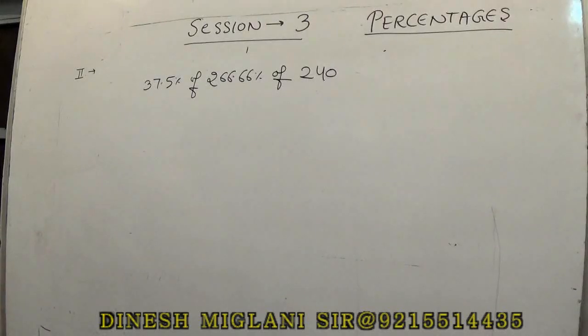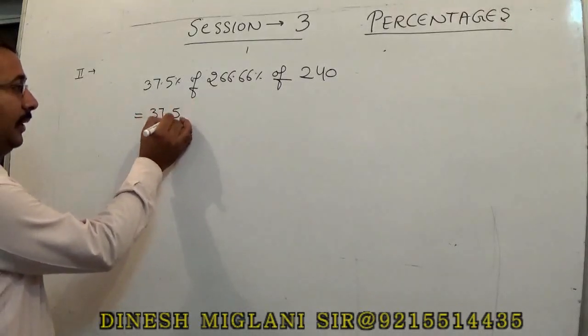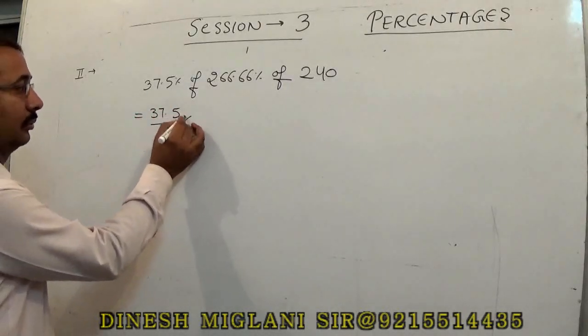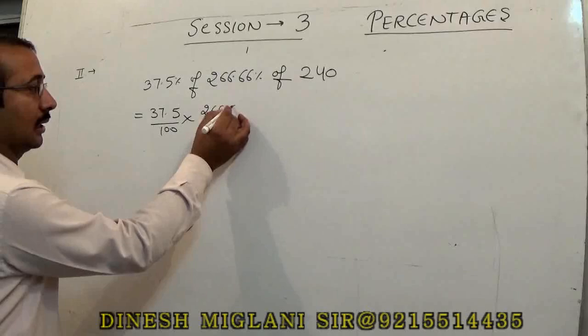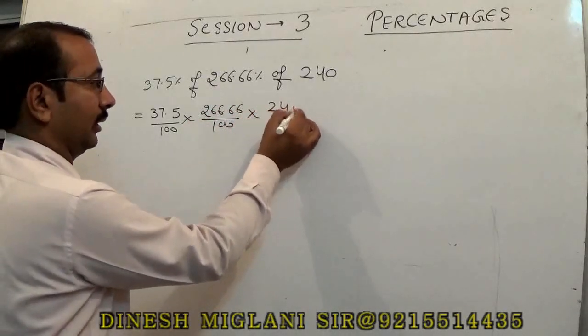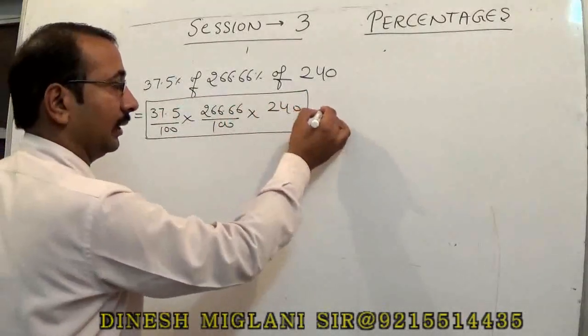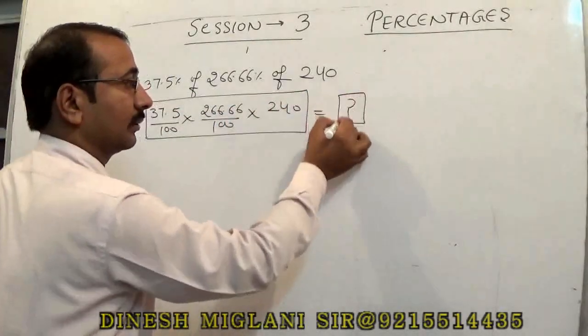In general, if you have to answer any question based on this, what you generally do is make it 37.5 upon 100 into 266.66 divided by 100 into 240, and then you divide and multiply, and finally you get your answer.